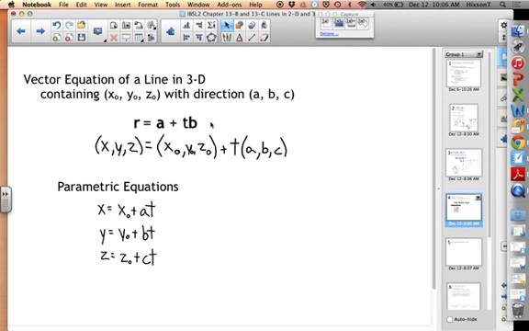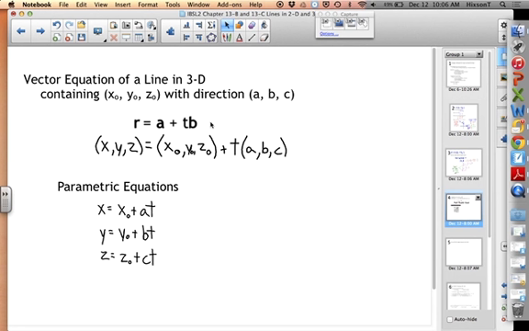Good. Our starting point. When you start the clock, that's where we're at. a, b, c is our what? Velocity vector. Yeah, it's our velocity vector.